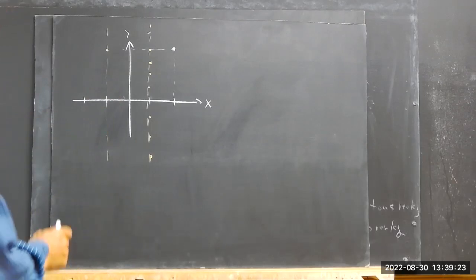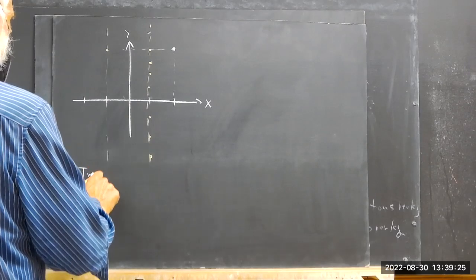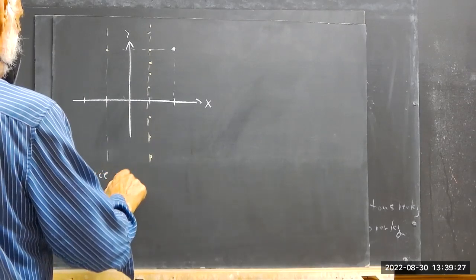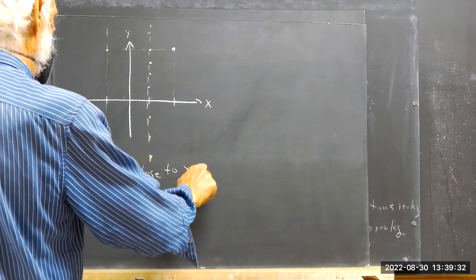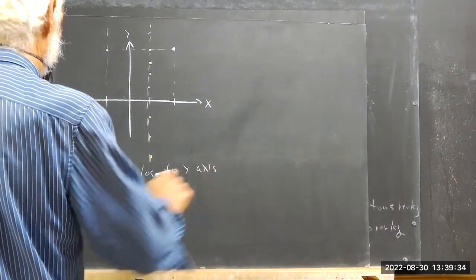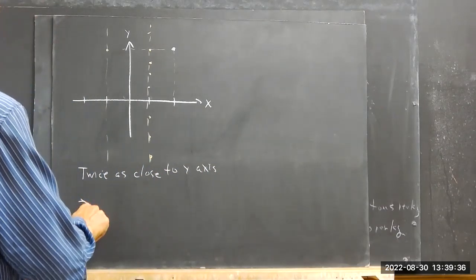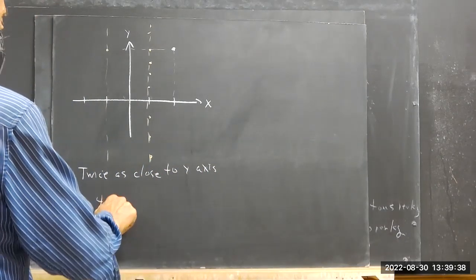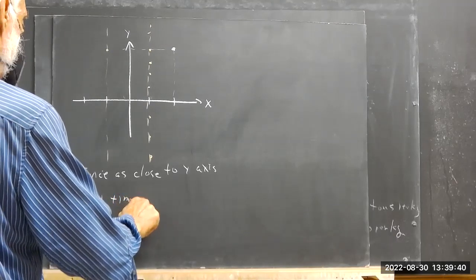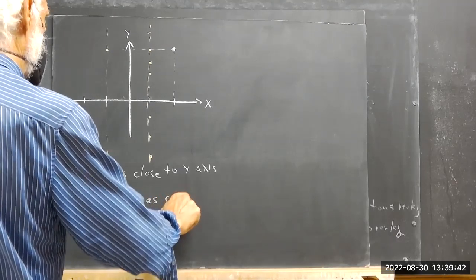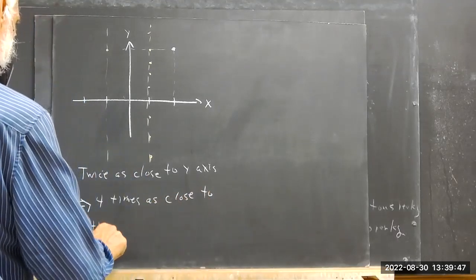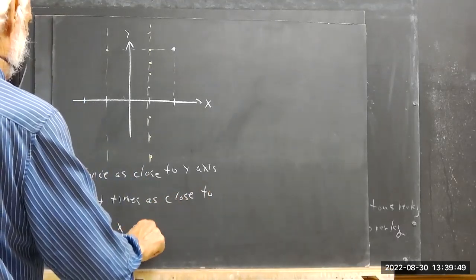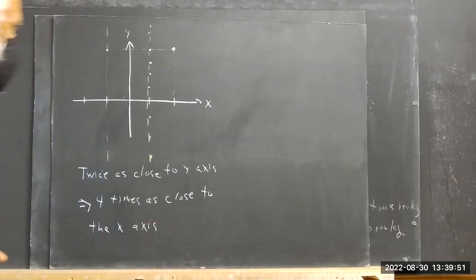So here's the rule: twice as close to the y-axis means 4 times as close to the x-axis.